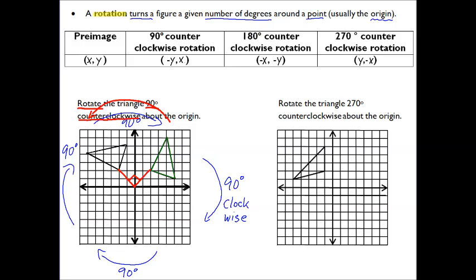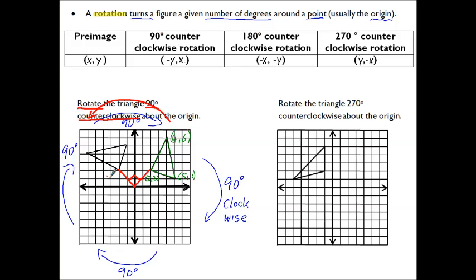So what are the coordinates of our pre-image? Our first point here has the coordinates 2, 2. The next point has the coordinates 5, 1. And our uppermost point has the coordinates 4, 6. And looking at our image, what are the coordinates here?